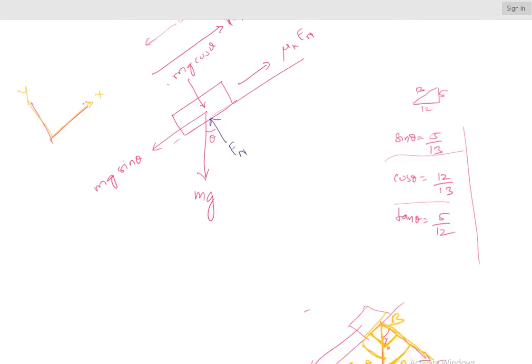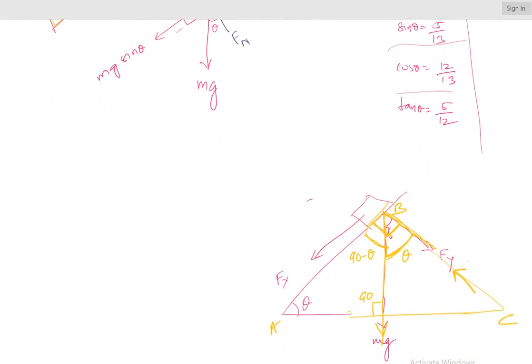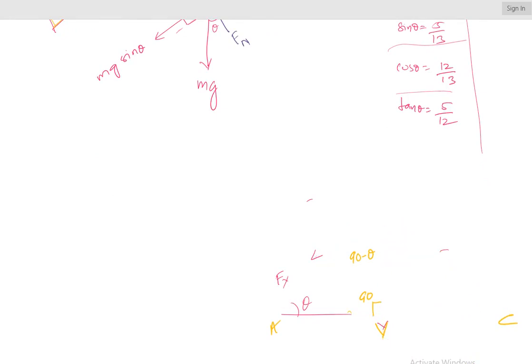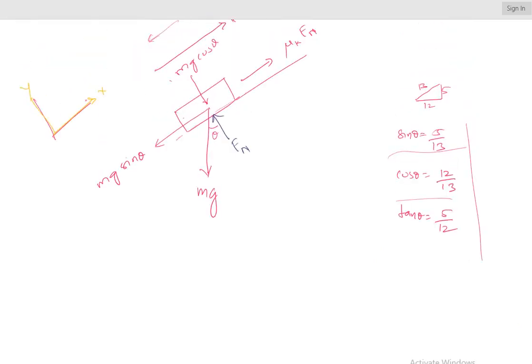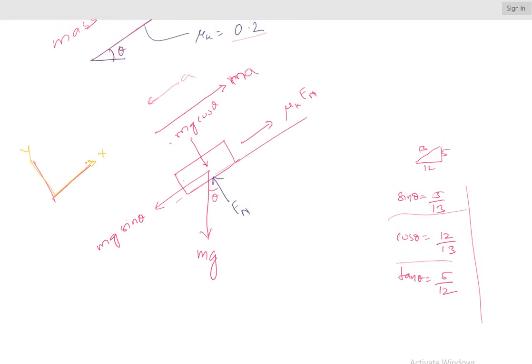Okay. Now it's just a case of simply doing sigma Fx, sigma Fy, and all of that. Let's first do sigma Fy. We're not saying this is y and this is x in the usual way, because the entire plank is inclined.